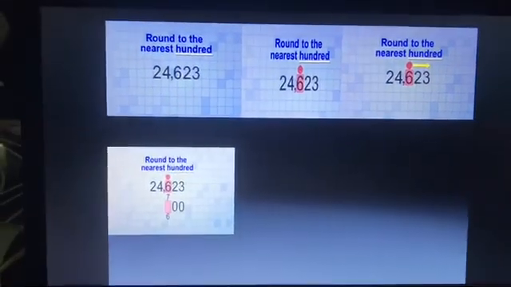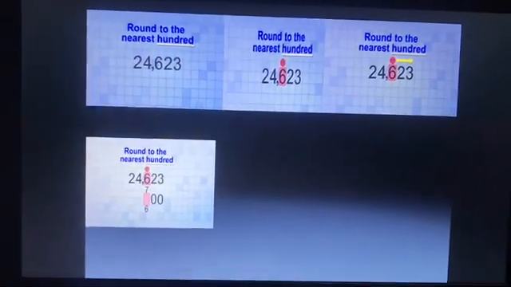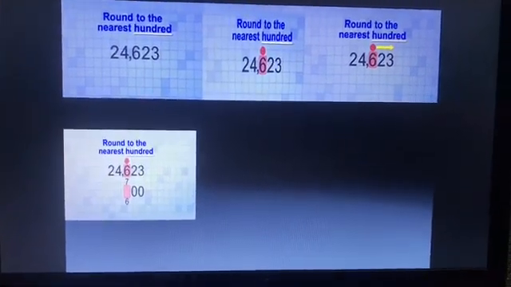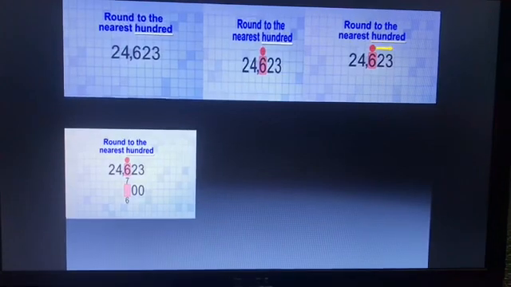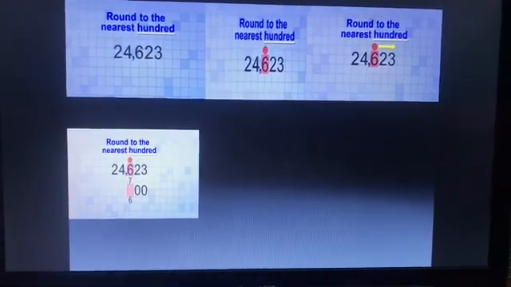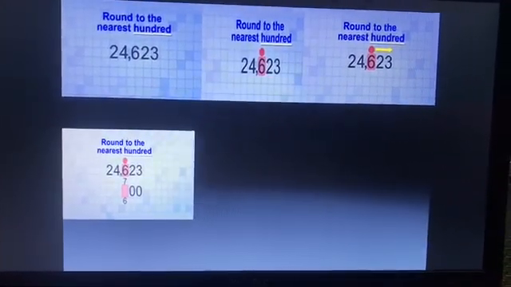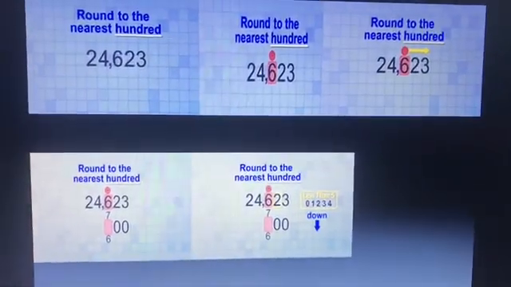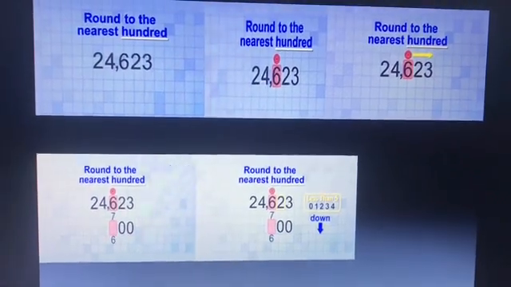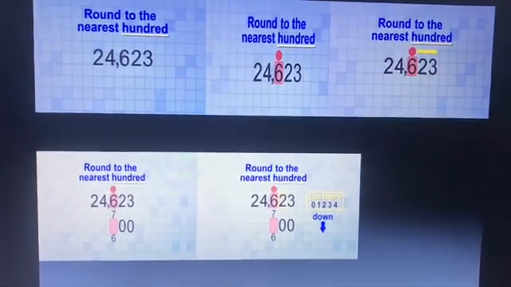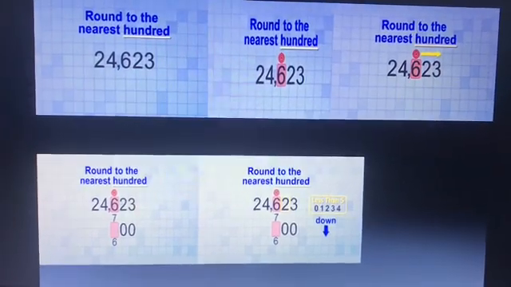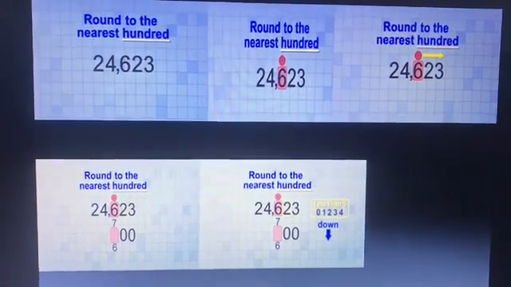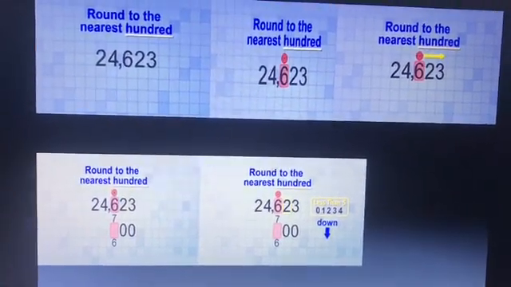So depending upon this digit 2, we have to decide whether 6 will become 7 or 6 will remain 6 only, and together with it we have to make 2 and 3 as 0. So as 2 is less than 5, and if the digit to the right of the target digit is less than 5, then we keep the number same, and if the digit to the right of the target digit is 5 or more, then we add 1 to the digit.